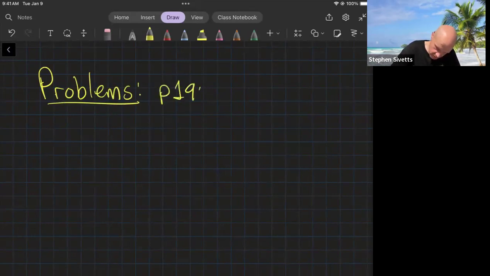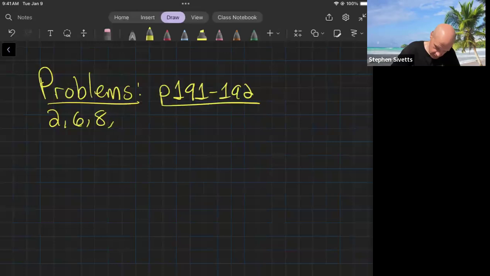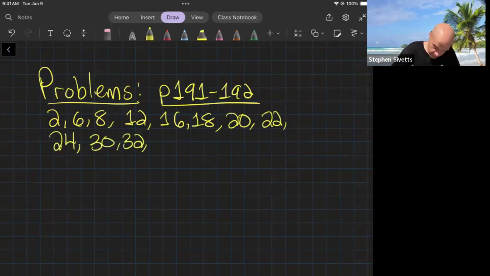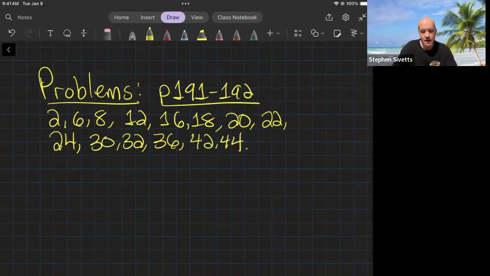So: 2, 6, 8, 12, 16, 18, 20, 22, 24, 30, 32, 36, 42, 44. This section was quite long, so it's a lot more problems for you to work on. If you have questions, please let me know.